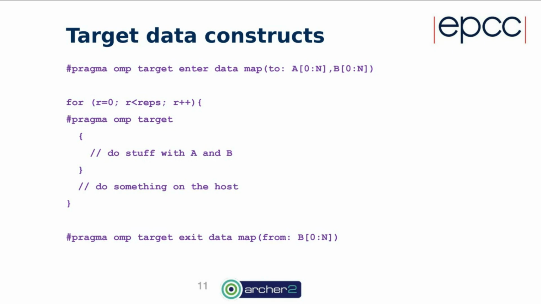At the beginning, I can say #pragma omp target enter data and map these arrays to the device, then do lots and lots of target offloading which use A and B. And then at the very end, perhaps I'm only interested in getting B back. I could say exit data map from B, and that'll copy the values of B back onto the host at that point.